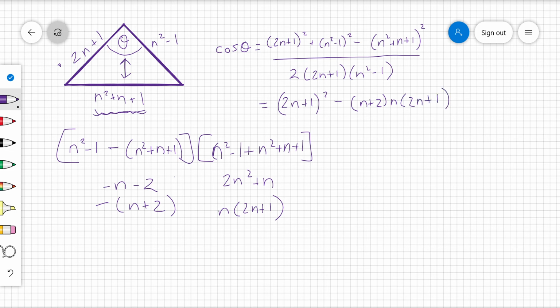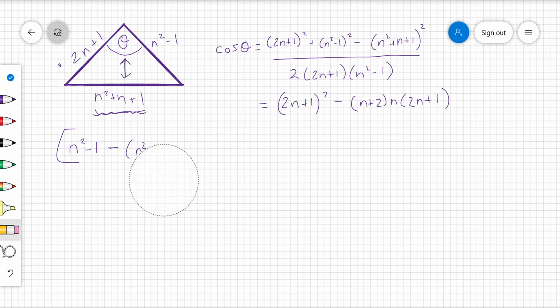Alright, and that's just from that working there, so let me get rid of that so I have room now. So that was just using these two terms and looking at difference of two squares just for something fun.